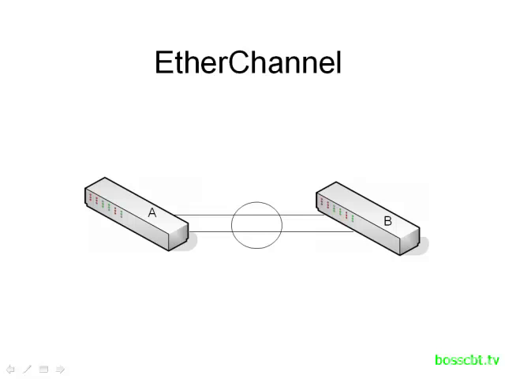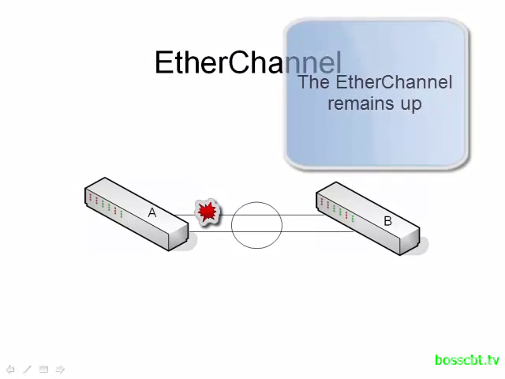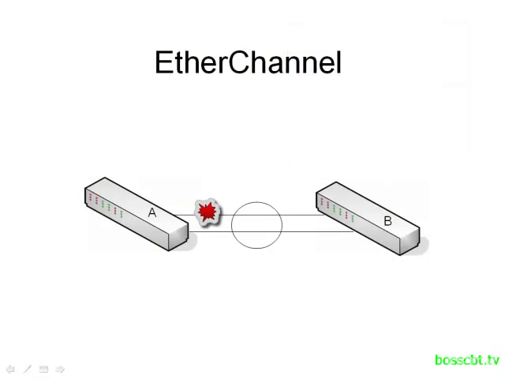Now here's the really good part. If one of the links in the bundle fails, we know that the bundle itself will stay up as long as at least one connection is up. This means that spanning tree doesn't have to transition, because the redundancy is already taken care of inside the EtherChannel bundle. There's just no need to do anything because the bundle is up, the single connection is up, so spanning tree is happy.